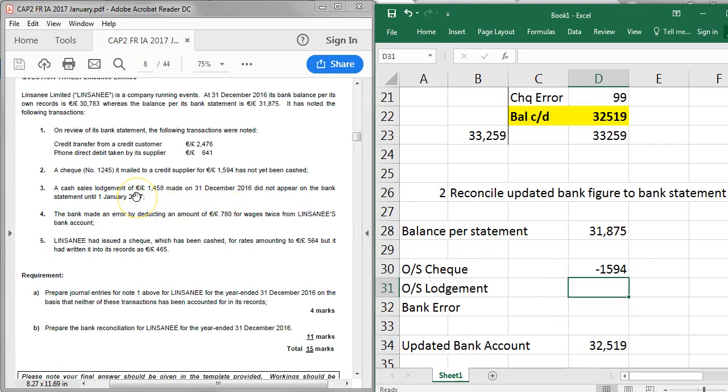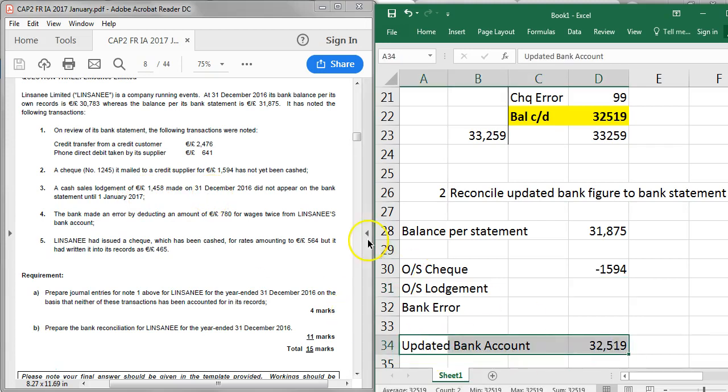Similar logic, although in the reverse, for a lodgement. In the lodgement which you made on the 31st December, in your books, i.e. in your bank T account, you would have debited bank 1458. So the 1458 is in here, but it's not in here because it didn't get lodged in the statement until the 1st of January, and you have the bank statement at the year end. So there's a timing difference there.